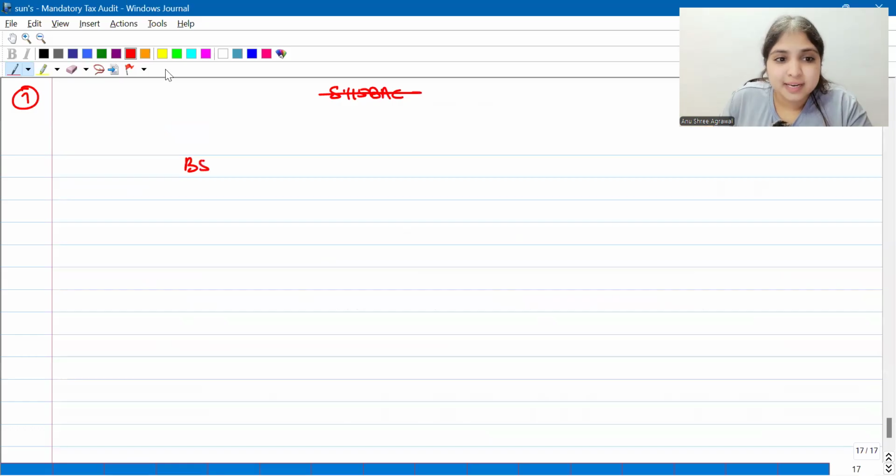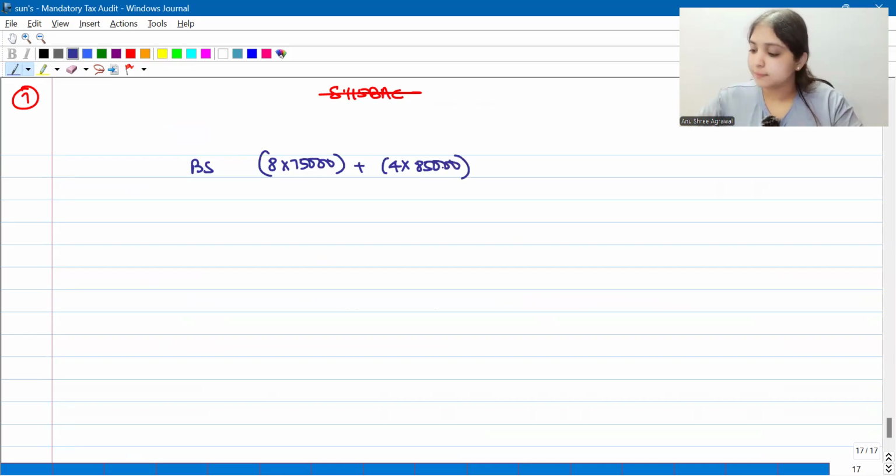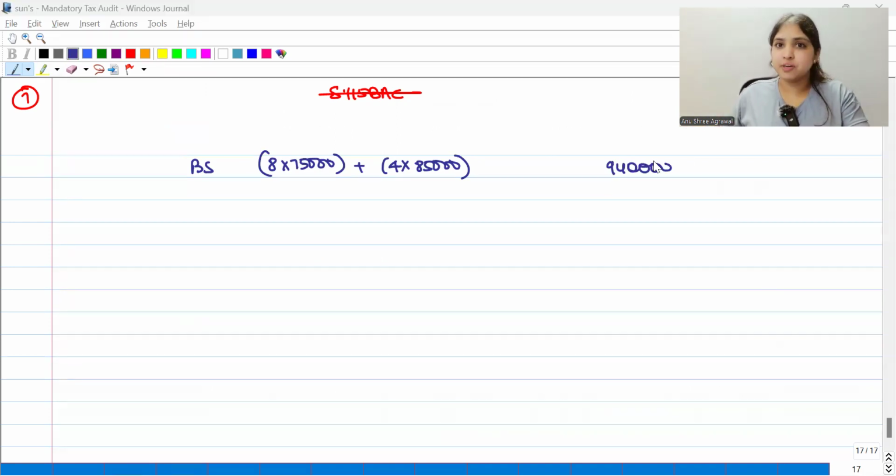So basic salary, let's do our math, guys. 8 months at 75,000 per month, and the remaining 4 months at 85,000 per month. So do the math. How much does it work out to? You get 9,40,000 rupees. Yes, so this is the basic salary of your assessee.